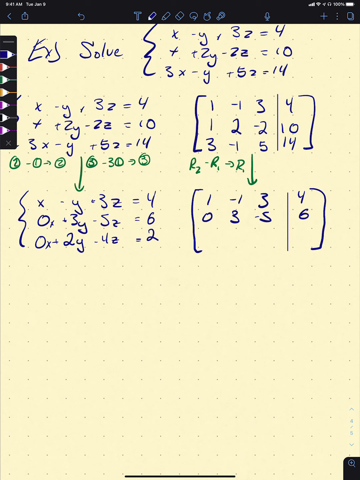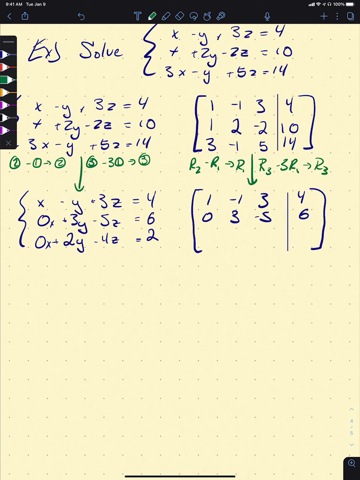What you can think about us doing here is following along with these matrix steps. And so we need this 3 to become a 0. How would we do that? Well, we would take row 3 and subtract 3 times row 1 to redefine row 3.